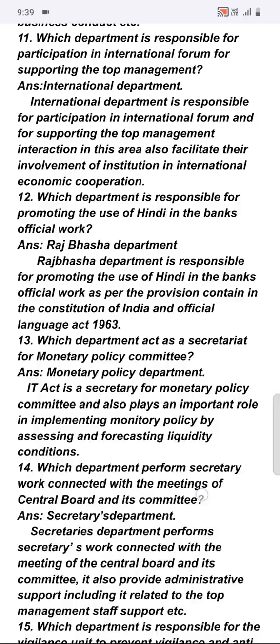Monetary Policy Department acts as a secretary for the Monetary Policy Committee and also plays an important role in implementing monetary policy by assessing and forecasting liquidity conditions.